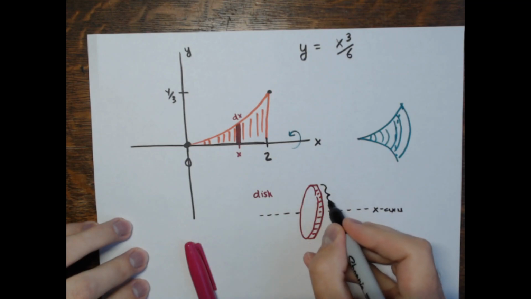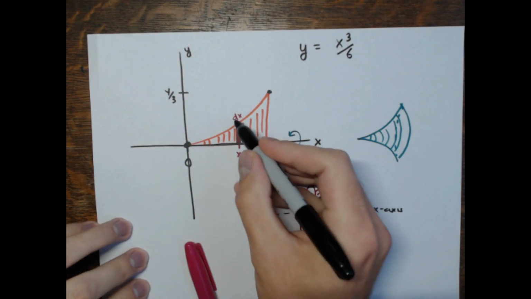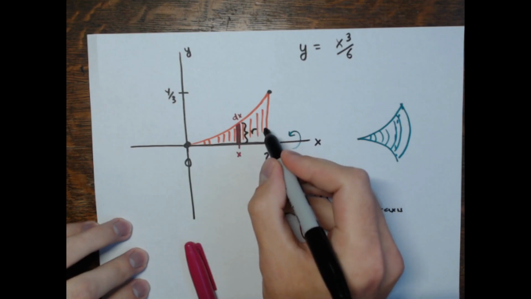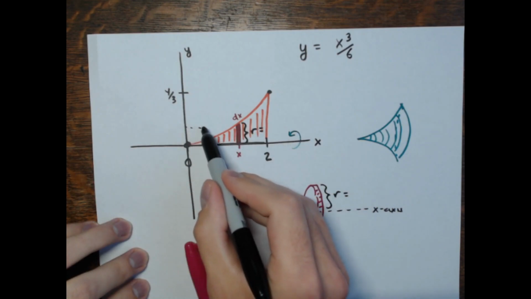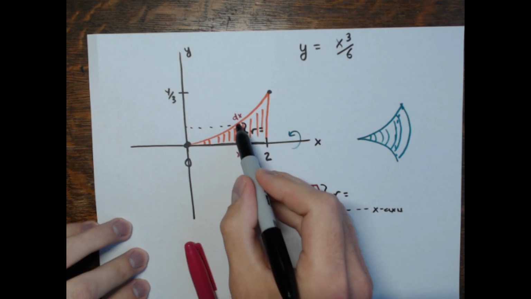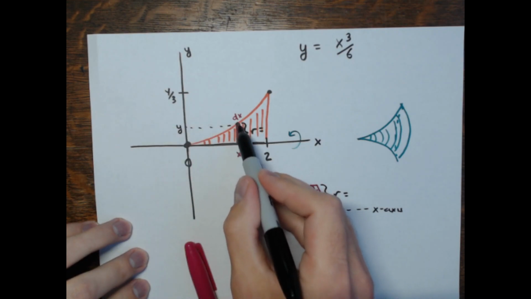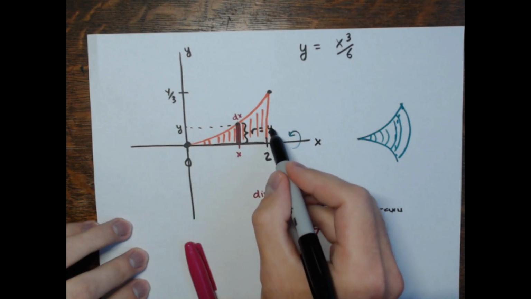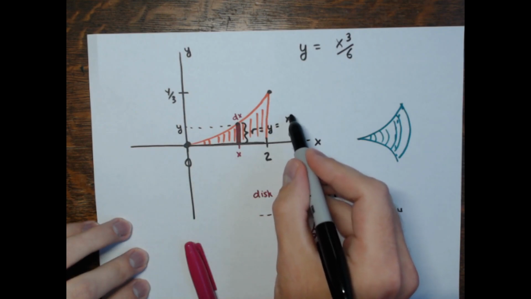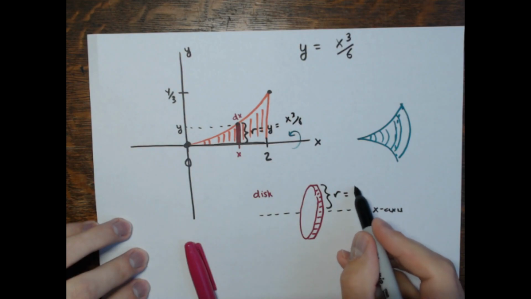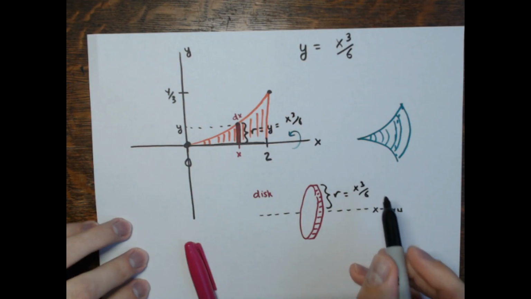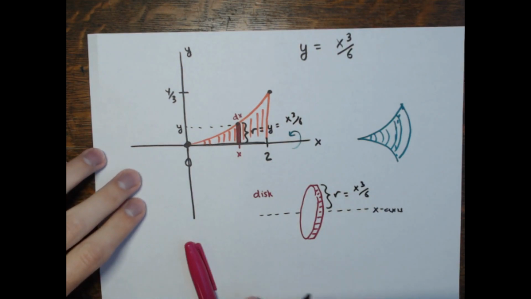And to get the radius of this circular face, that would be this length here, right? Now the radius is actually the y coordinate, from y equals 0 to y equals whatever, of this point here on the end of the slice, on the end of the rectangle. But I want that y in terms of x, which is x cubed over 6, right? I'm on the curve y equals x cubed over 6.